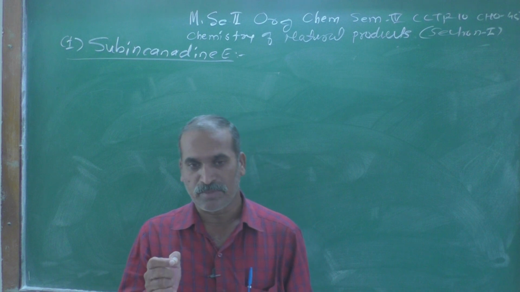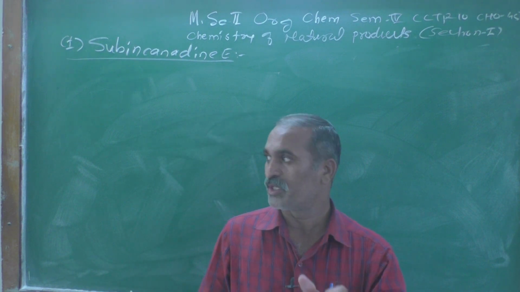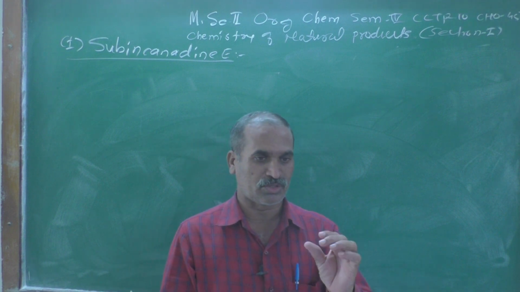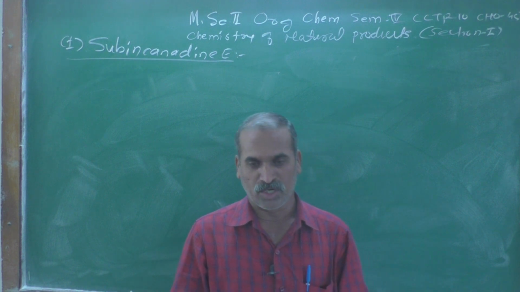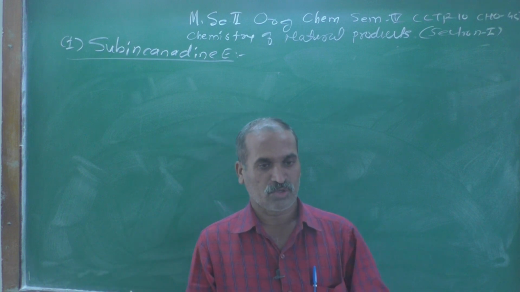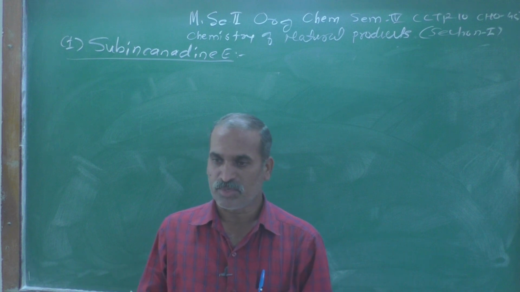It exhibits cytotoxicity, which is one of the important biological activities that the molecule shows. Cyto in terms of biology means cell, and toxic means poisonous. So it can kill cells.